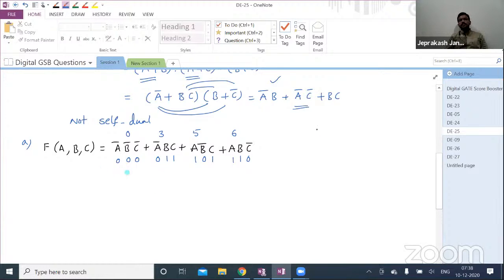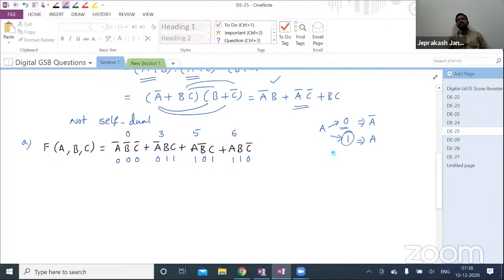See, whenever you have one variable, let us consider A. A we can represent with 0 or 1. Only two possibilities. If A value is 0, that means A bar. If A value is 1, A in normal form. At any time, when you are representing A with 0, its value won't be 1.